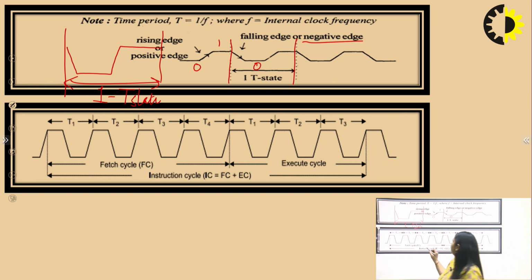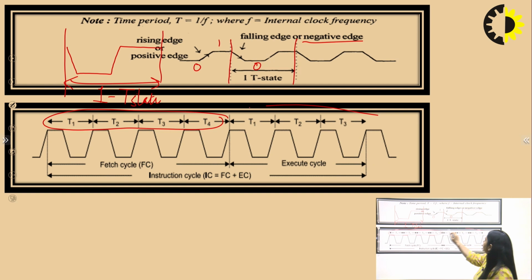Suppose here fetch, I just told you, in opcode fetch we require 4 T states, and 3 T states for the execution. For execution we will need memory read, memory write, input output read or input output write. That is the execution part. So the total instruction cycle will be a minimum of 7 T states.